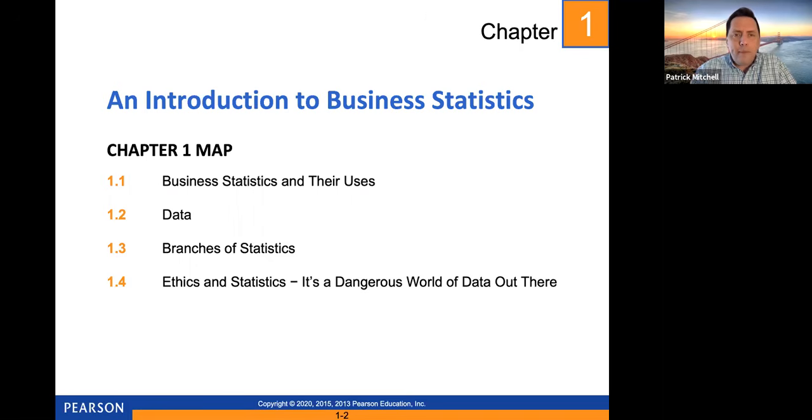There are 4 sections in Chapter 1. We have 1.1, Business Statistics and Their Uses, 1.2 on data, 1.3 on branches of statistics, and finally 1.4 on ethics and statistics.